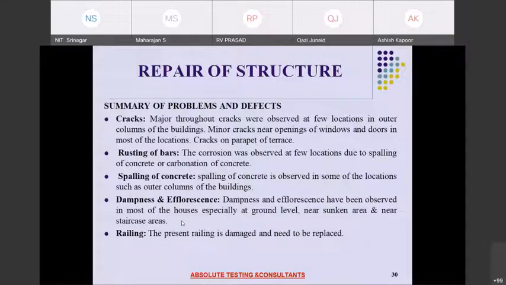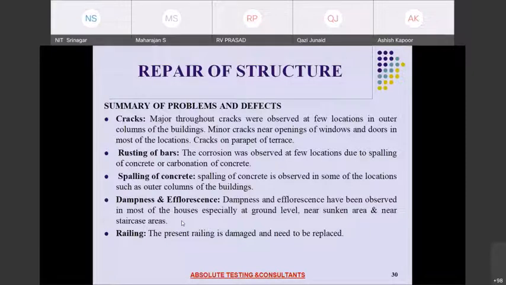So what is the repair? Now coming to the repair of the structure, we have done the repair based on the NDT results and the visual observation. We found there are major defects. One is cracking, which is because of the corrosion of reinforcement. Then rusting of bars; the reinforcement bars are corroded.